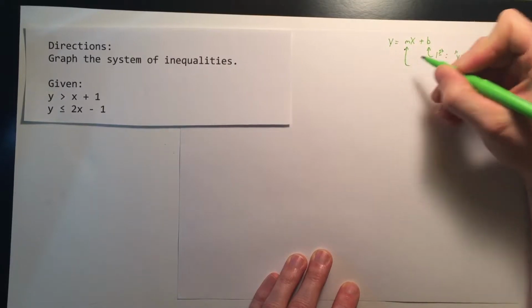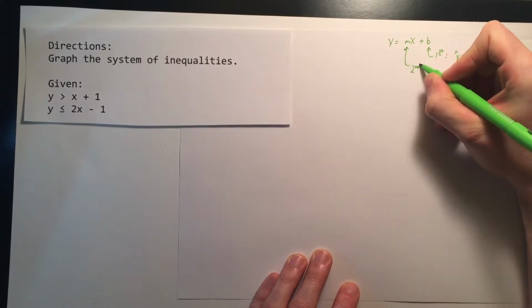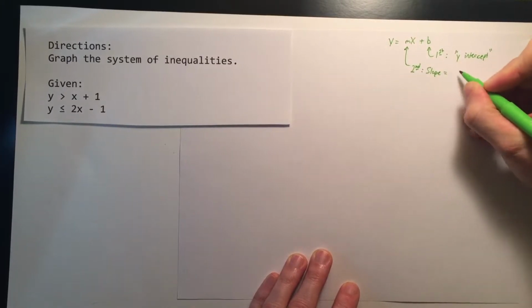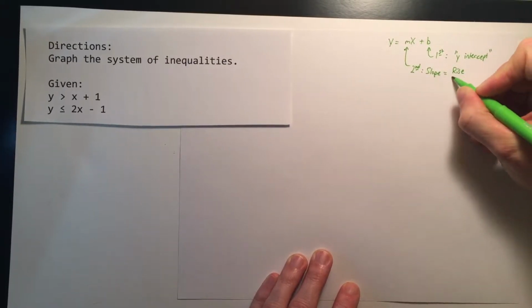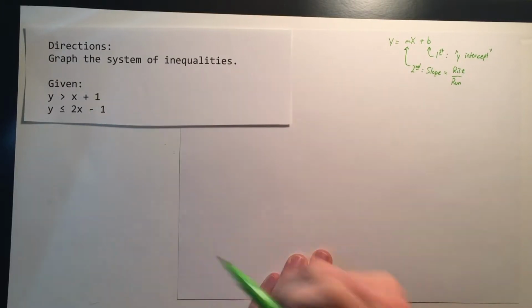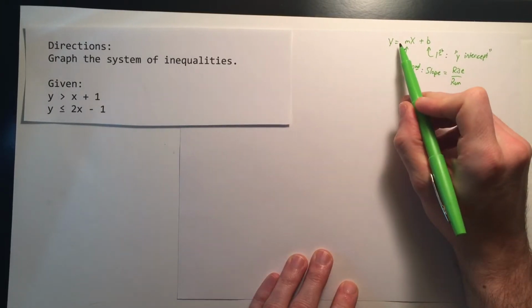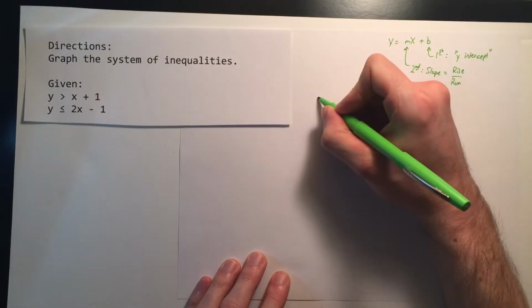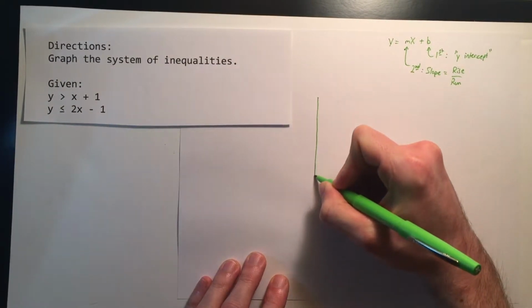The m is what you look at second, and that's the slope, in the format rise over run, which tells you what direction the line is going. We're going to use that for our inequalities. Now there's one difference, it's not an equal sign anymore, it's an inequality symbol, and we'll see how that changes things. So the first thing is, let's make a graph.